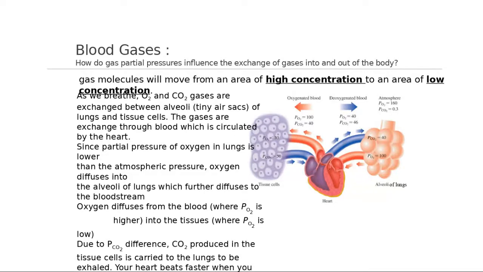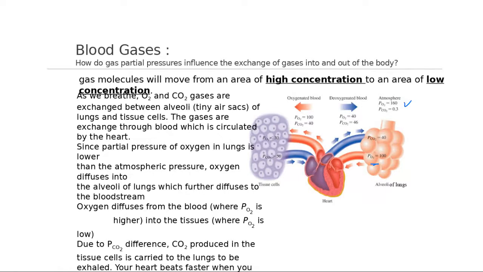We inhale the air, and we take the oxygen to our blood. I'm going to speak about the oxygen first. The partial pressure of the oxygen inside the sacs is 100. But outside the lungs, outside our bodies, the pressure of the oxygen is 160.